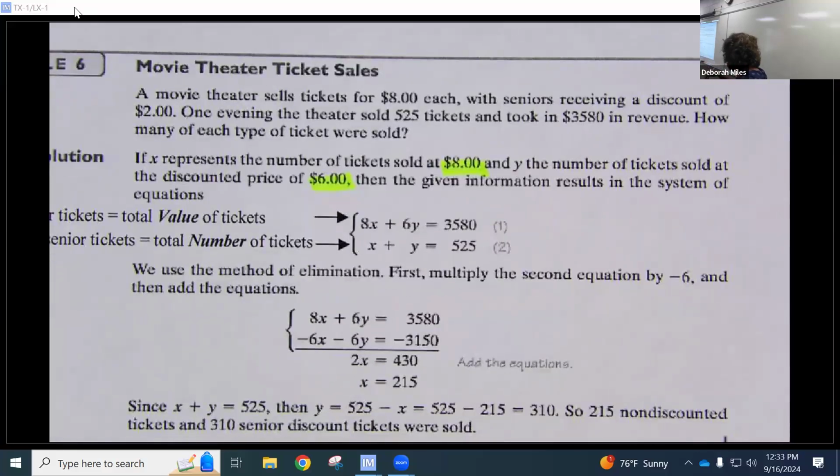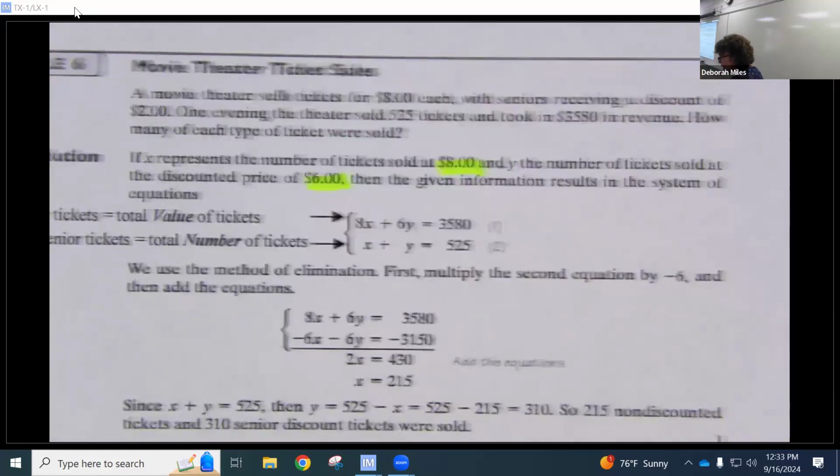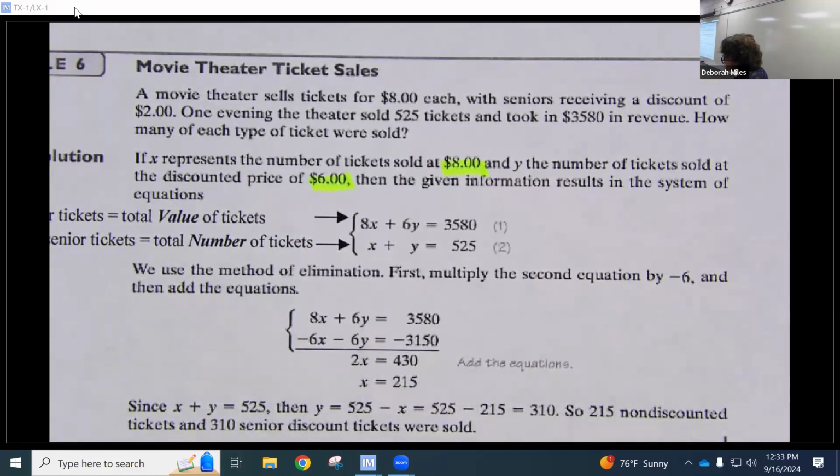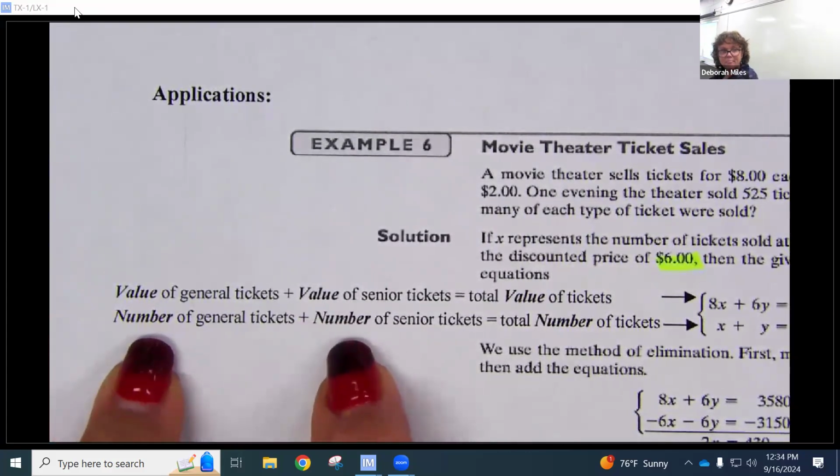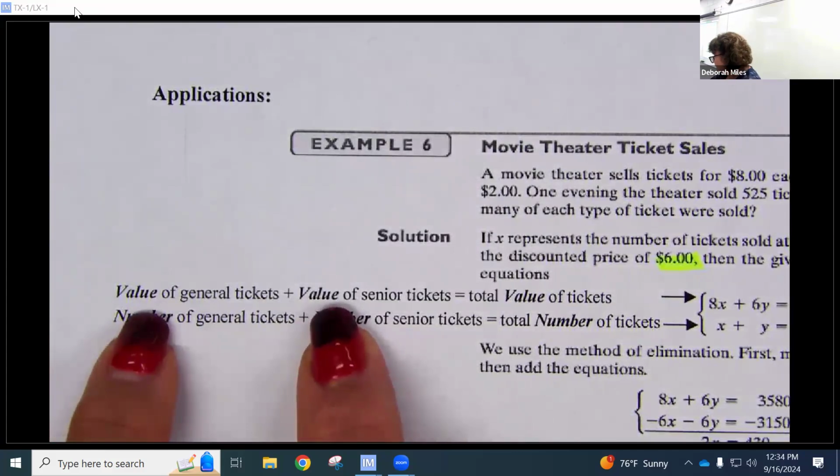And it's very important that you use the words number of tickets instead of amount of tickets, because I wasn't sure what you meant by amount. As a matter of fact, you could call that value. The number of tickets is one thing, and the value of the tickets is something else.